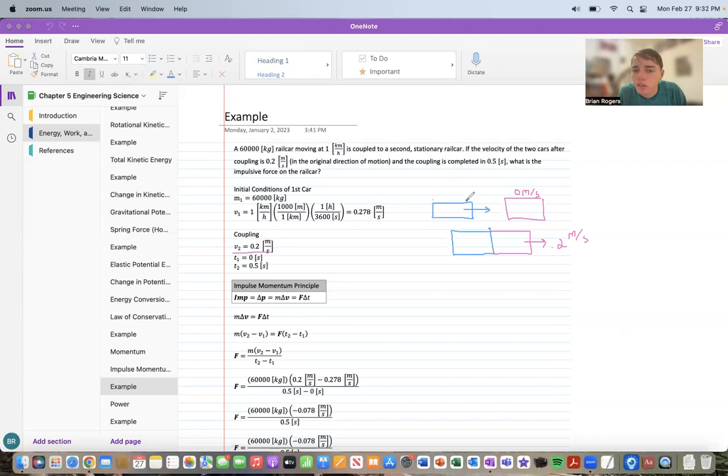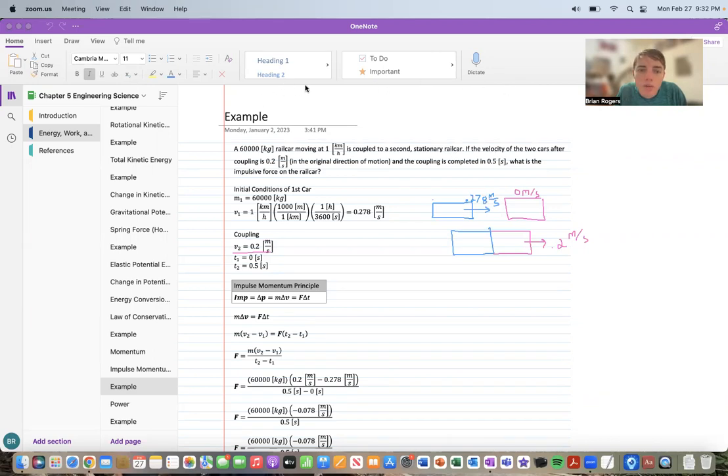So this arrow right here was 0.278 meters per second. It started at time 0 and went up to 0.5 seconds. That's what the coupling completed in, 0.5 seconds.